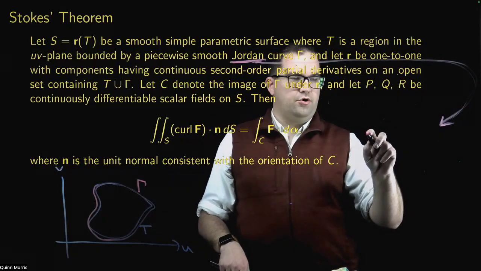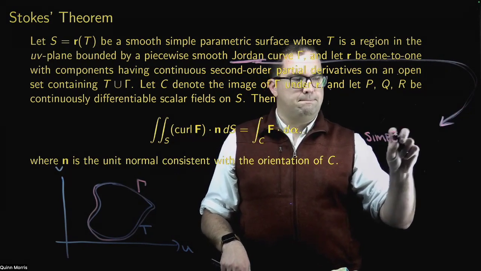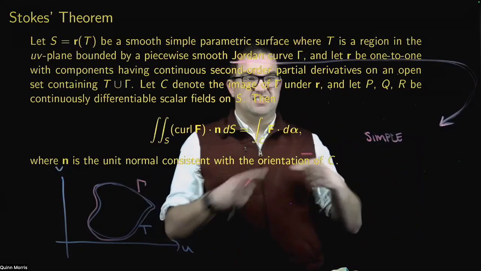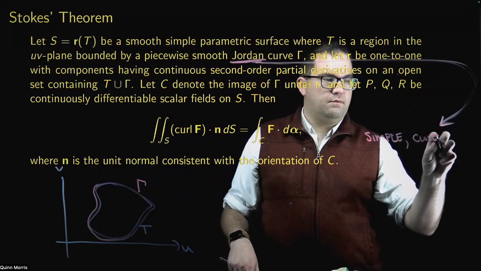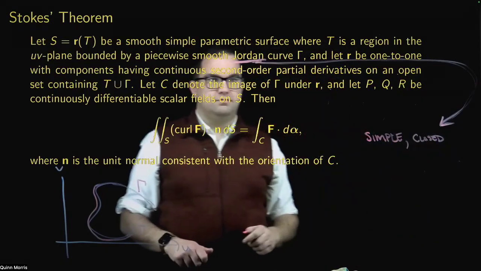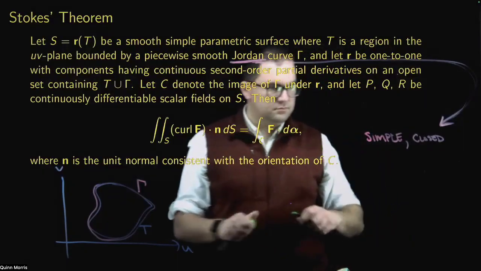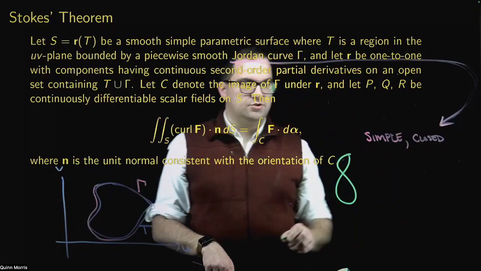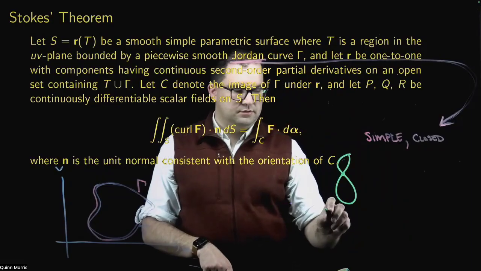Okay. So by a Jordan curve, I just mean that it is simple. Simple meaning it doesn't self-intersect. And closed. Okay. So for example, this is not a Jordan curve because it self-intersects.